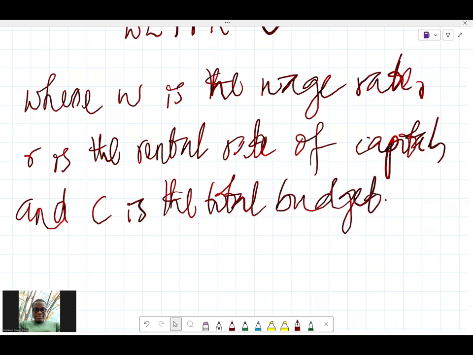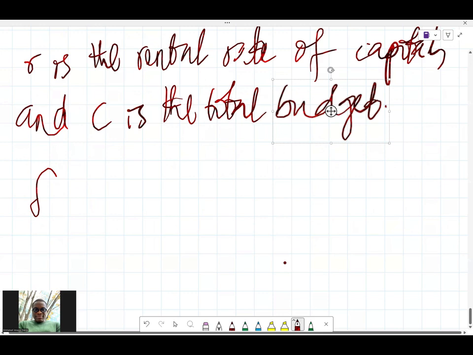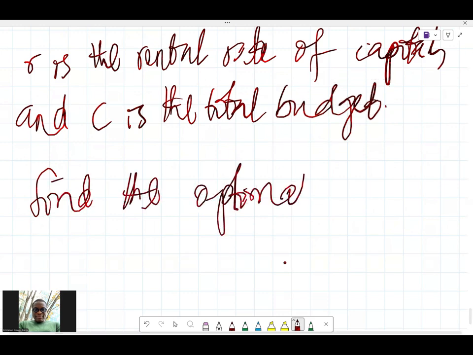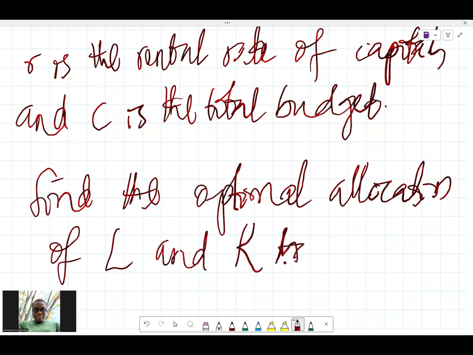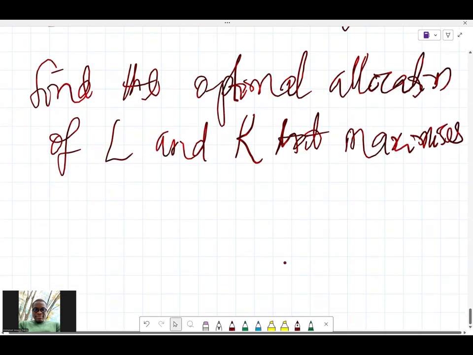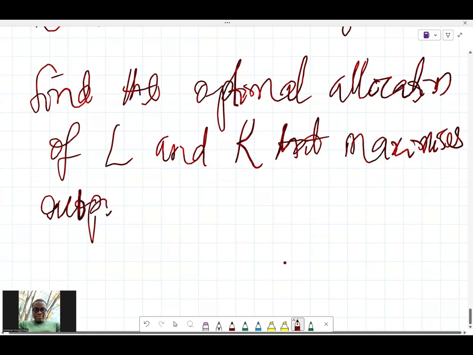We're expected to find the optimal allocation of labor and capital that maximizes output. So we want to get the best production output. We need the best values of L and K that will give us the best output for production.